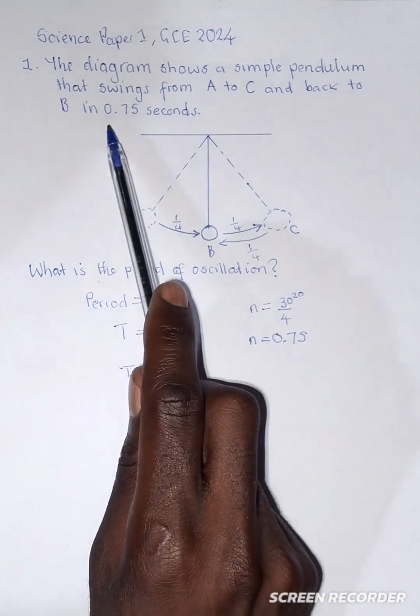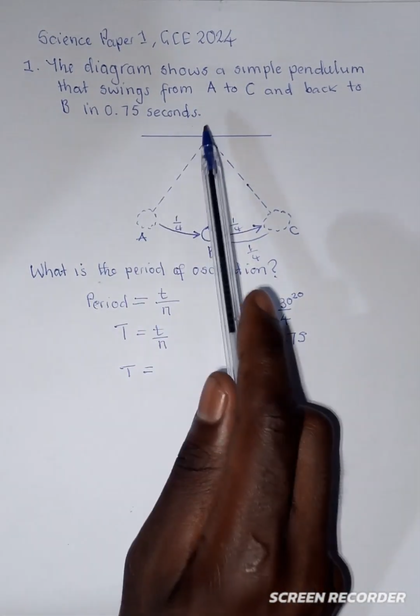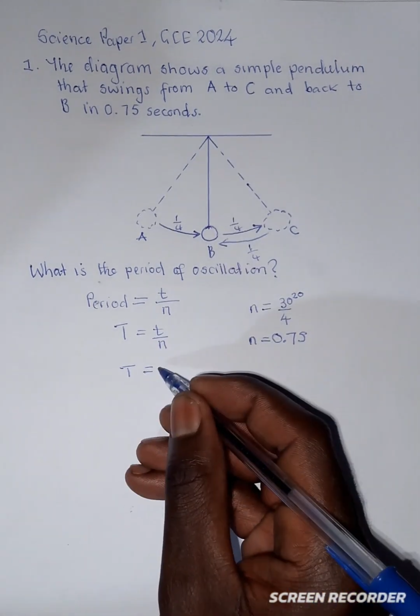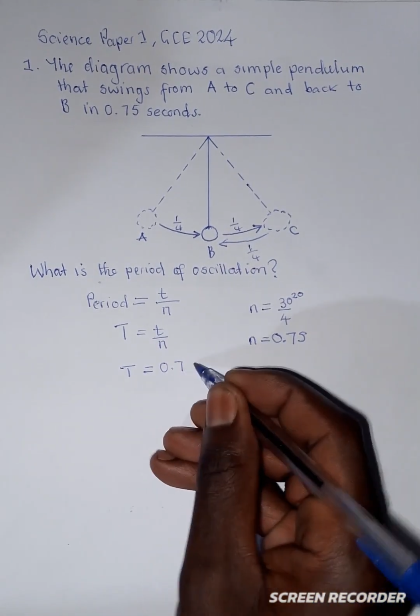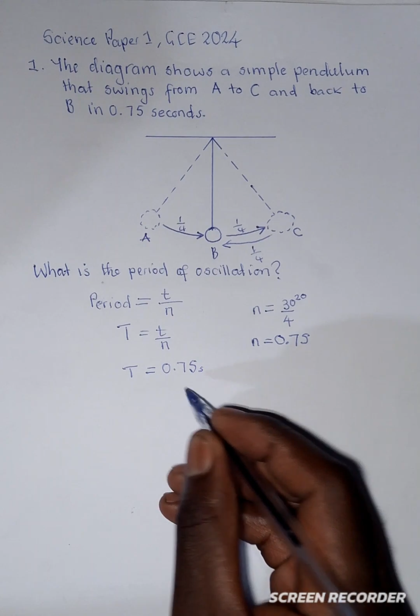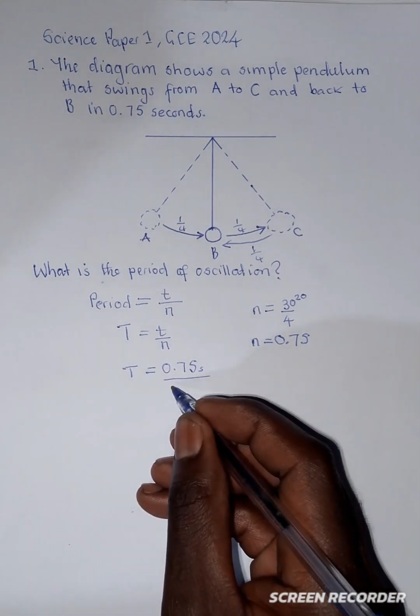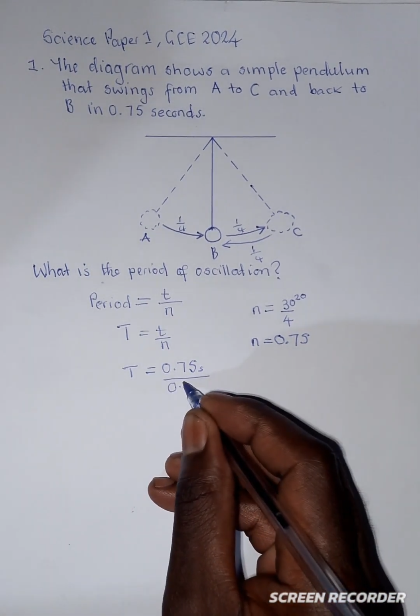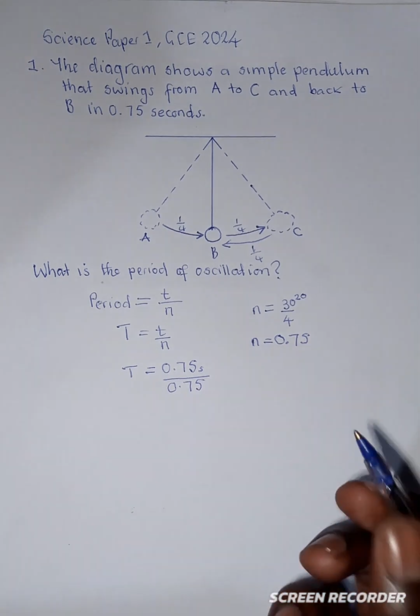From there, we can finally say the period is equal to the time we've been given, 0.75 seconds, over 0.75 oscillations.